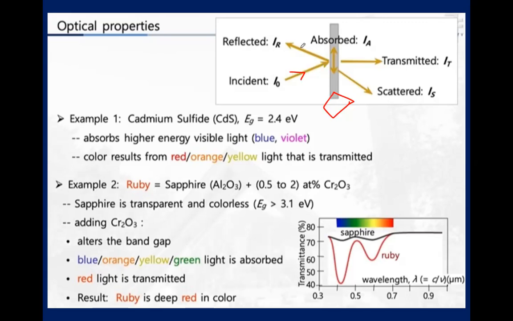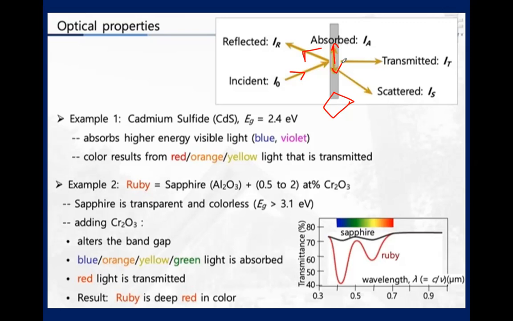So incident light can be reflected, right? Some rays can be reflected back. It won't go through the mineral, so nothing happens. But some of the rays can be absorbed by the crystal itself, right? Then that particular wavelength, because the light can be split into different wavelengths, so some of the wavelengths can be absorbed.